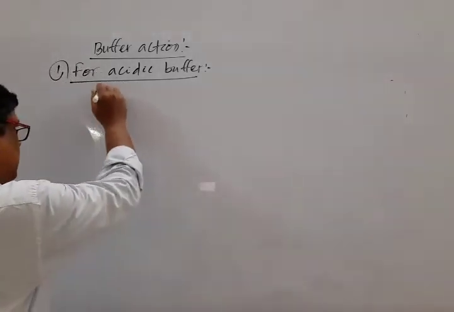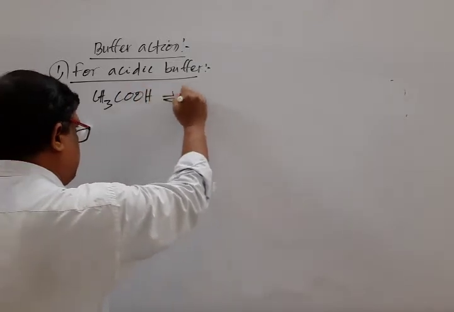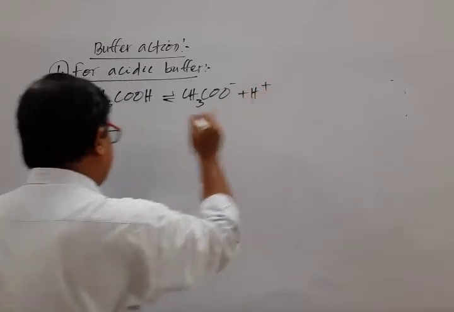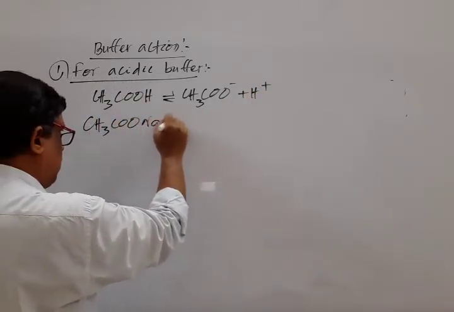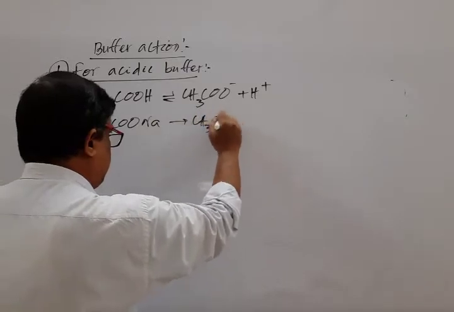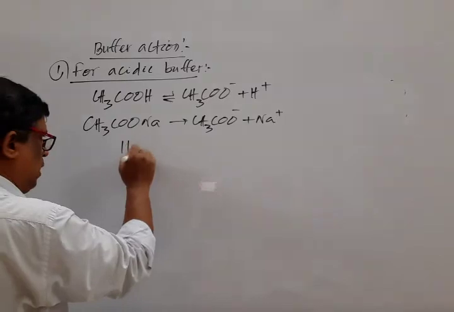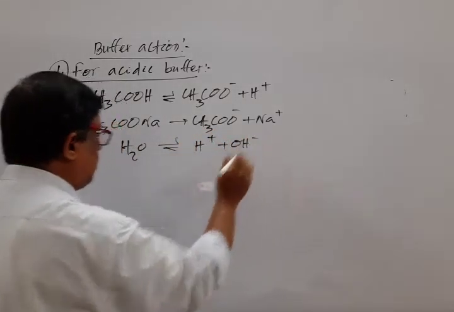So acetic acid breaks down to acetate ion plus H plus ion. Sodium acetate, as a strong electrolyte, breaks down to acetate ion, and water breaks down to H plus ion and OH minus ion.